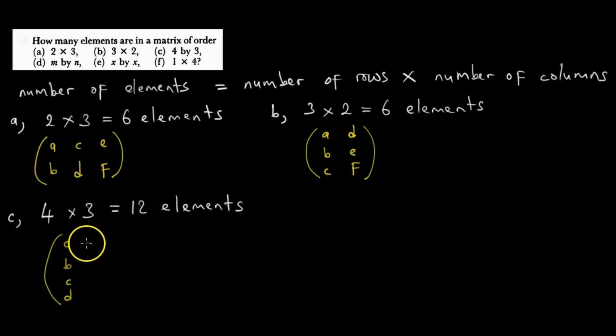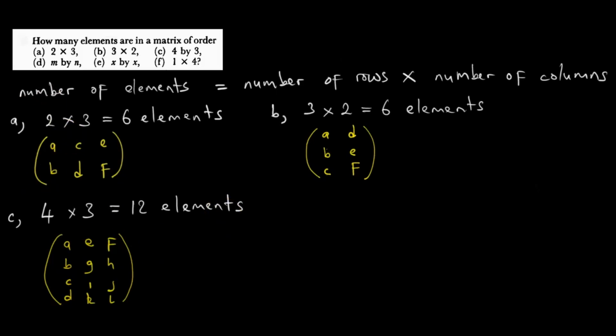Saka we have 4 rows 1 2 3 4 and 3 columns 1 2 3. So E, F, G, H, I, J, K, L, like this. Tikamaverenga we are going to see kuti anenge ari 12 elements.